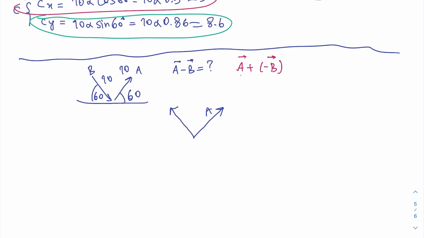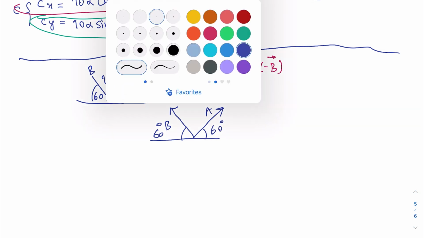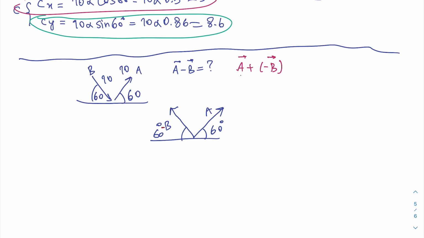So the direction will be 180 degrees opposite. So this is my vector B. This is 60 degrees. This is 60 degrees. Let's add a negative B here because I want to be sure I should not forget.